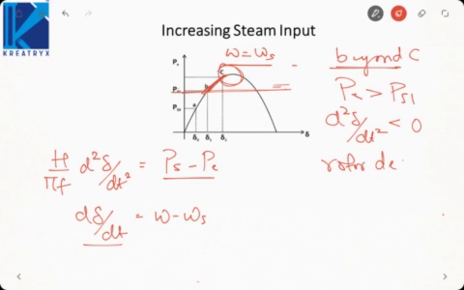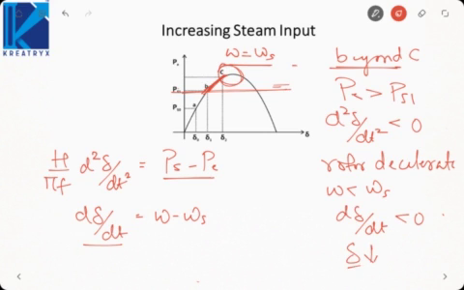So the rotor will decelerate. Now at C, speed is equal to omega s. If it decelerates further, or the speed further reduces, speed will become less than omega s. So d delta by dt will become less than 0, delta will reduce. That is, we will start coming back from C towards A if delta starts reducing.